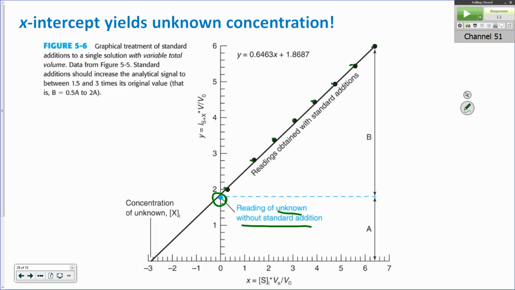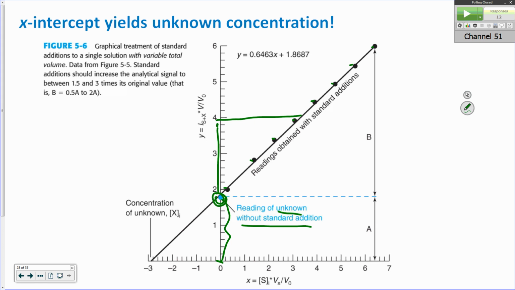So the way that you take this curve, if you essentially look at it, is we would find out what this signal is, and then treat this as a traditional calibration curve and say, all right, take the magnitude of this signal, whatever it is, and plug that value into this calibration curve and find out what the concentration is.